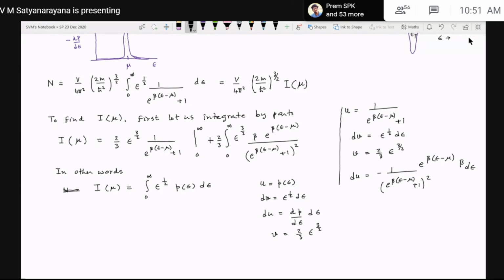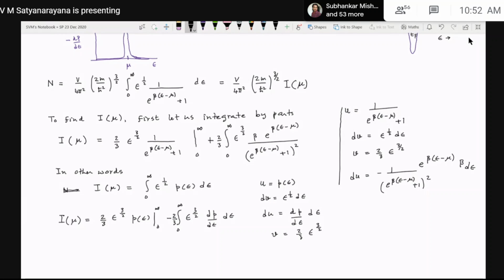So in that case, what our I of mu can be written as, okay, there is nothing wrong in what we have written, I'm just trying to show that in a simple way: 2 by 3 into P of epsilon epsilon to the 3 by 2, evaluated from 0 to infinity, minus integral 0 to infinity 2 by 3 epsilon to the power 3 by 2 into dP by d epsilon into d epsilon. So this is same as this, of course.